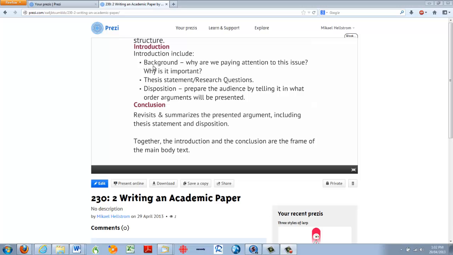So again, background. Why are we paying attention to this issue? Why is it important? That first paragraph, let's say that you're writing about 10 pages or so. Scope will differ, different papers, some are 6, some are 10. If you're writing a thesis, you might be up to 30 and beyond.